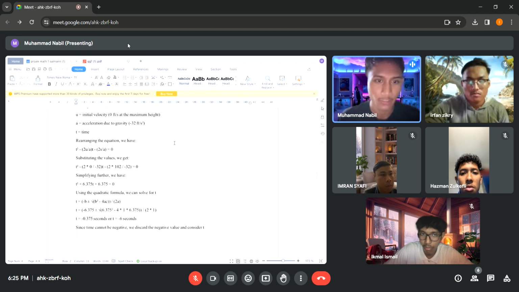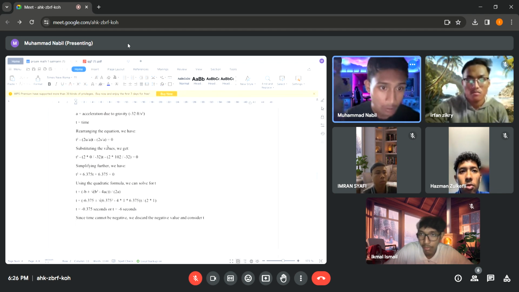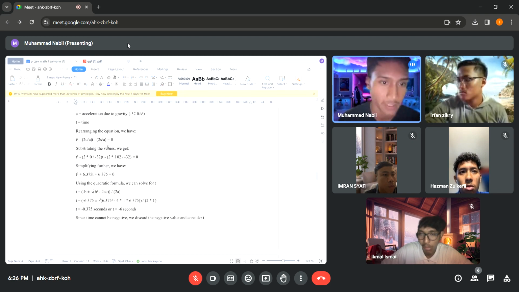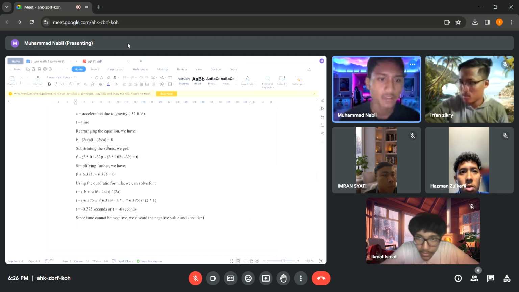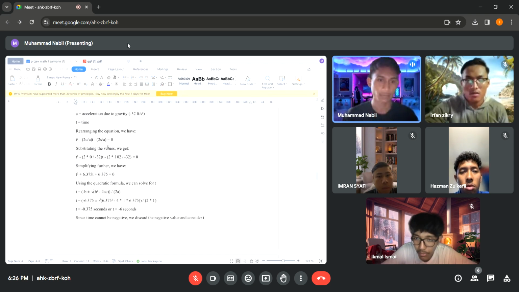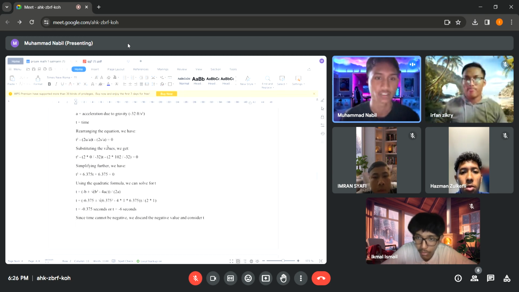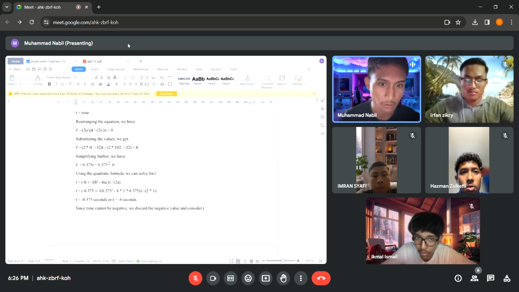Rearrange the equation we have and we substitute the value: t squared minus (2u over a) times t minus 2s over a equals 0. Then we substitute the value.